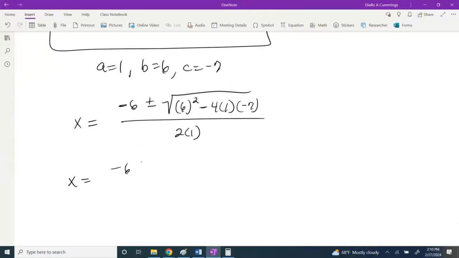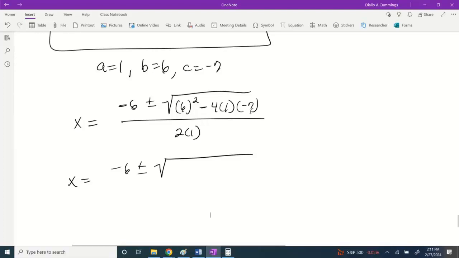So x is equal to -6 plus or minus. Now inside of that square root, you want to use the order of operations, please excuse my dear Aunt Sally. You want to do what's in the innermost parentheses first. Here I don't have an innermost parentheses. This set of parentheses is telling me that my base is 6, my exponent is 2.